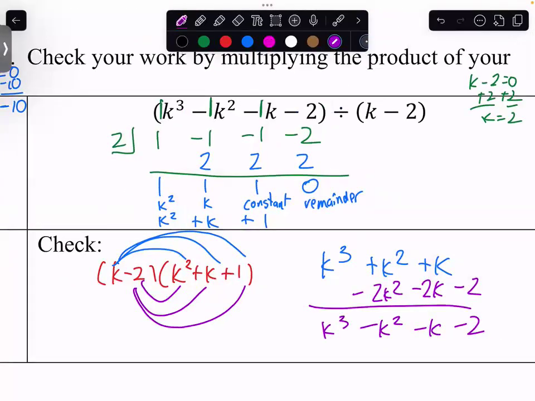Okay, so we do end up with the starting value. So that means that k squared plus k plus 1 was indeed the correct division answer.